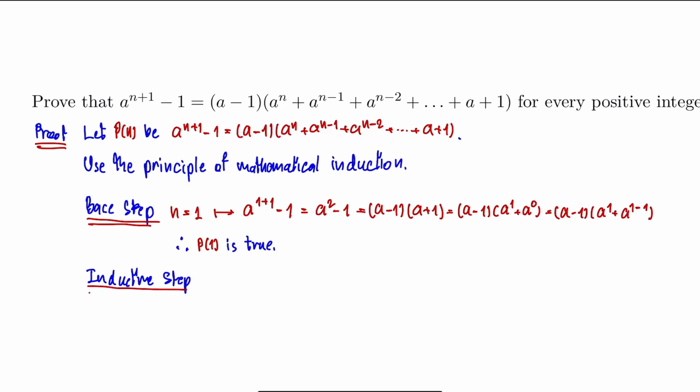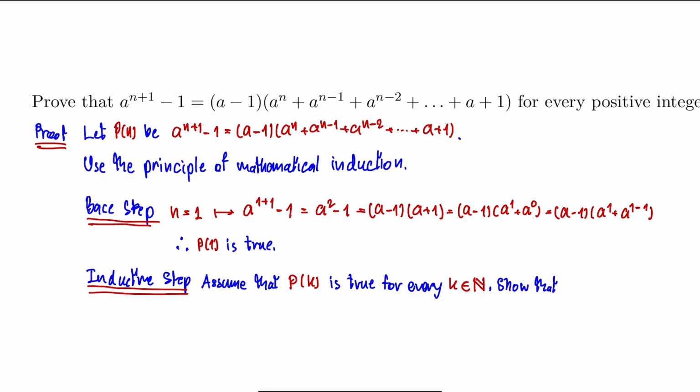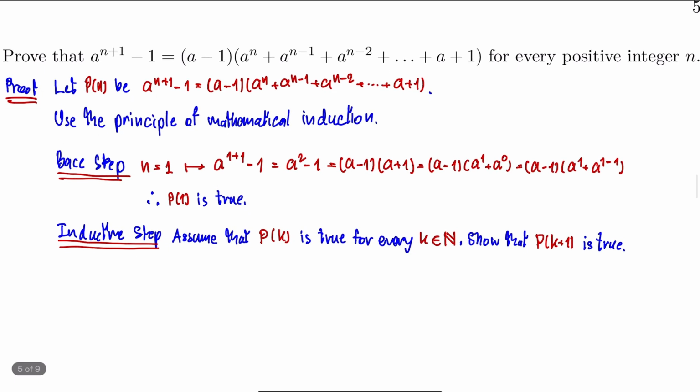In this step, we have to assume that P(k) is true for every positive integer k, and try to show that P(k plus 1) is true.